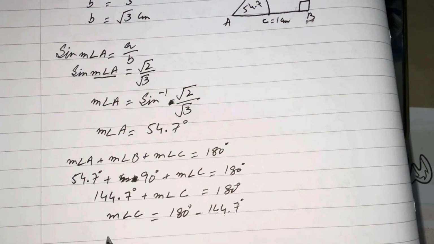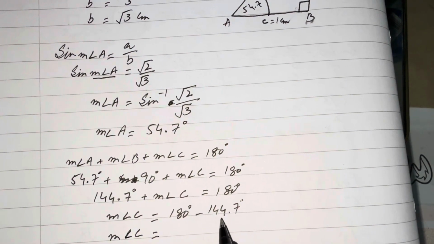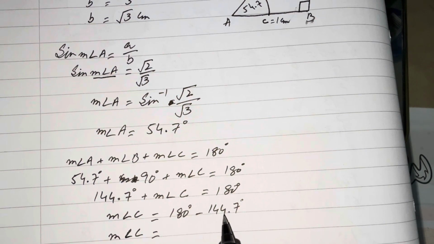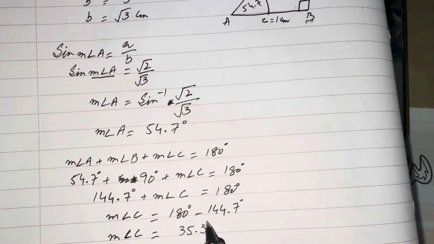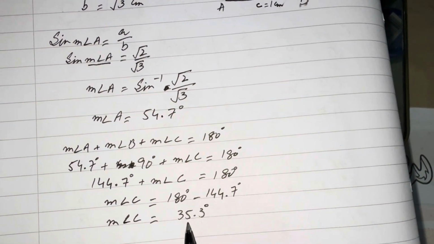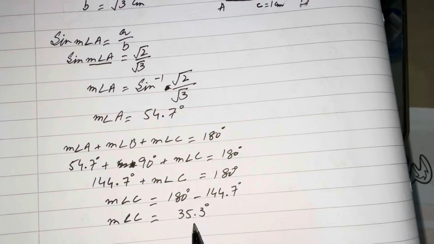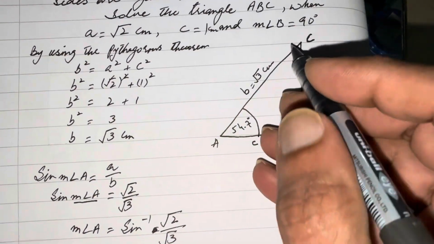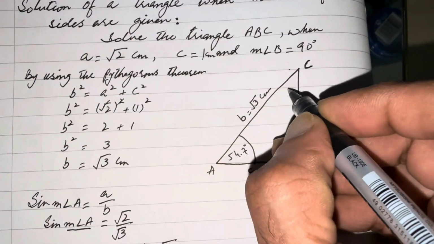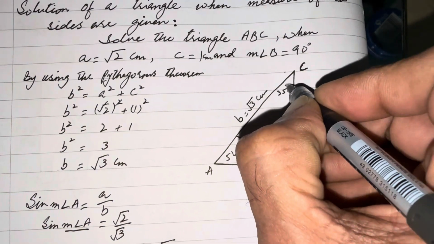So in the next step, when you subtract 180 minus 144.7, that will be equal to 35.3 degrees. So that's how we can find the measure of angle C, which is 35.3 degrees.